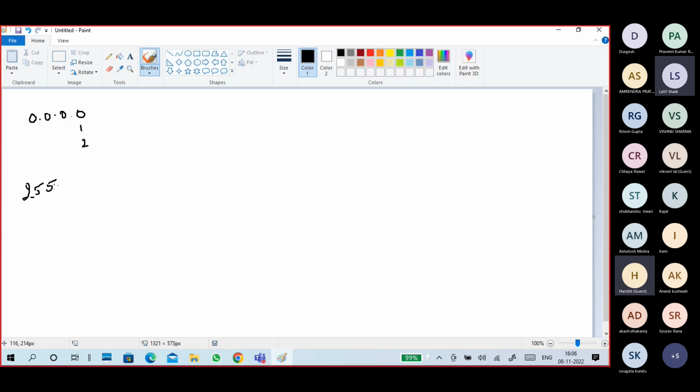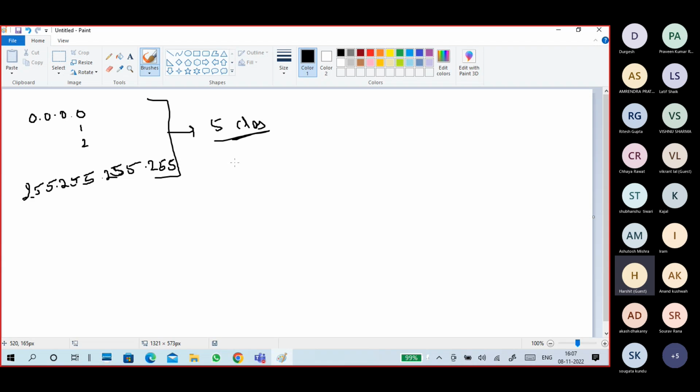I am not writing every number, so directly I'm writing the final number, 255.255.255.255. So totally there are 4.3 billion IP addresses and they are divided into 5 classes, of course for different purposes.